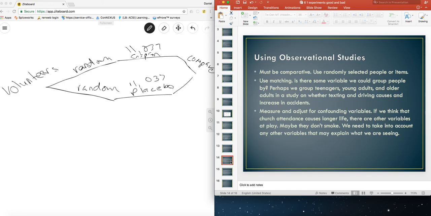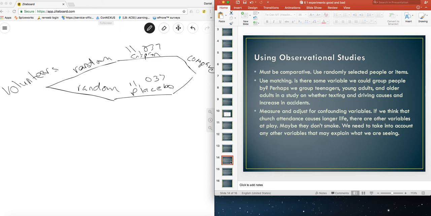So if you go around seeing who texts and drives, and you ask people, and then you ask people who don't text and drive how many accidents they're in, you can't just stick everybody in a big pot and just compare it. You've got to kind of divide it up. So you could try teenagers who text and drive versus teenagers who don't. Young adults who text and drive versus young adults who don't.